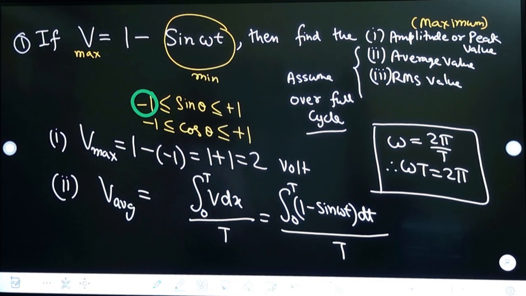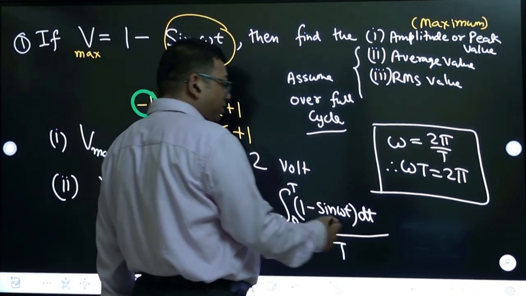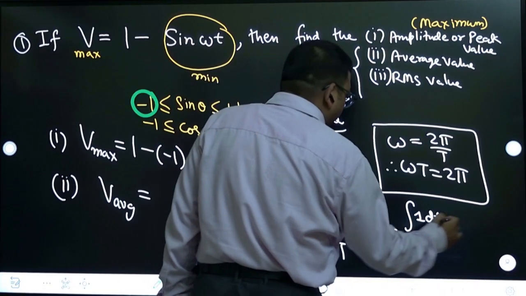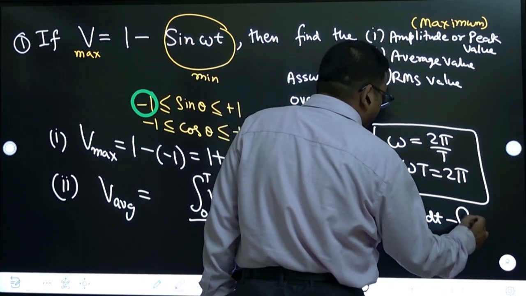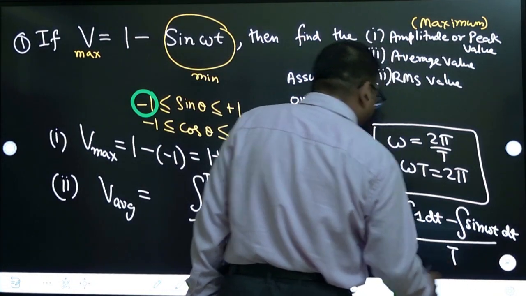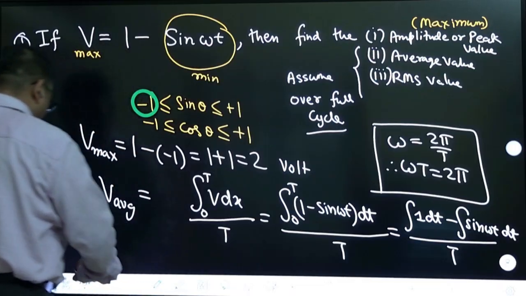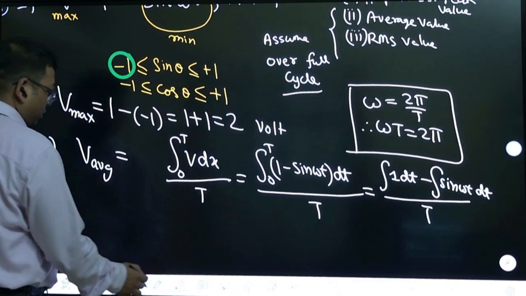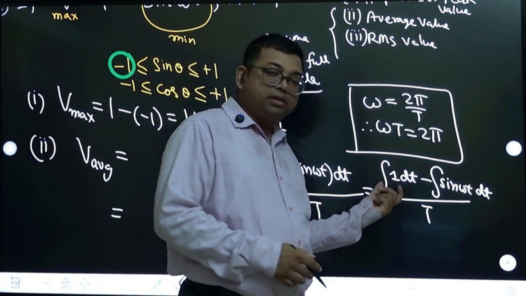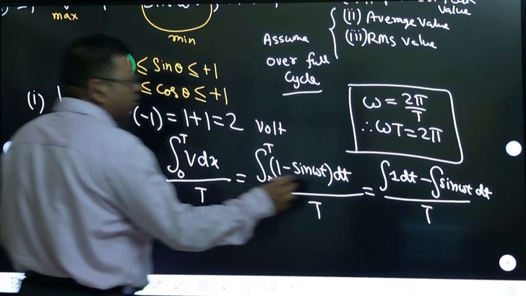Then next, how to do this integration? Two terms are there, we will open this. First you do integration of 1, then minus integration of sine omega t with respect to t, and the denominator we have T only, and the limit is the same, 0 to T, that we will put after that. So integration of 1 with respect to t is t only, minus the sine integration.